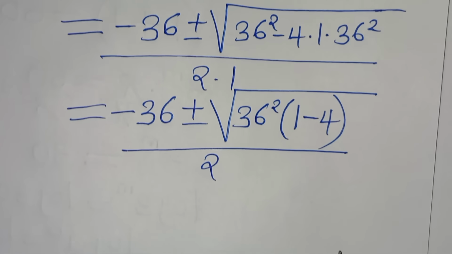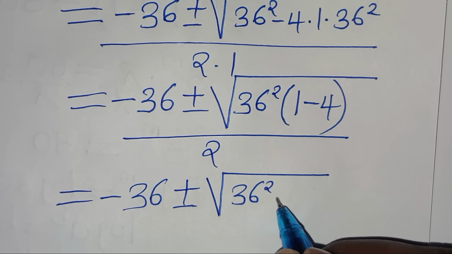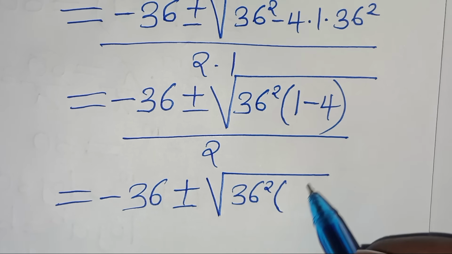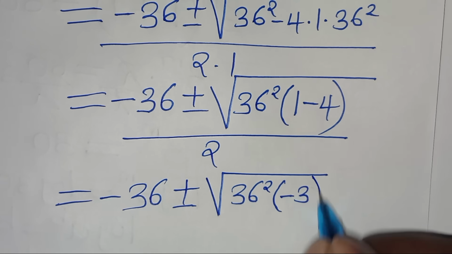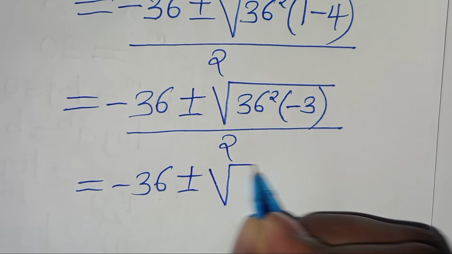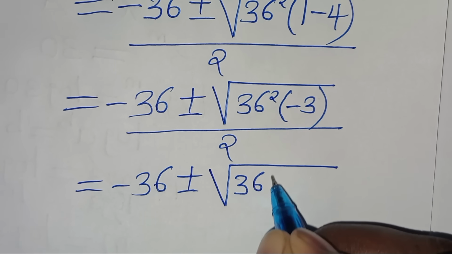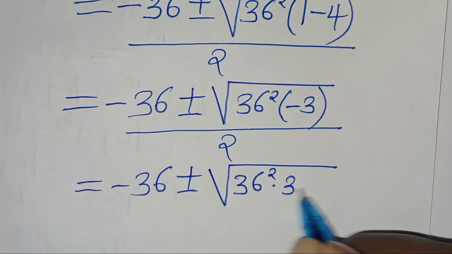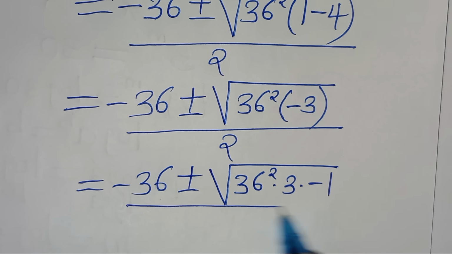So this is minus 36 plus or minus the square root of 36 to the power of 2, then multiplied by 1 minus 4, which is minus 3, then divided by 2. So we have minus 36 plus or minus the square root of 36 to the power of 2 times 3 times minus 1, then divided by 2.